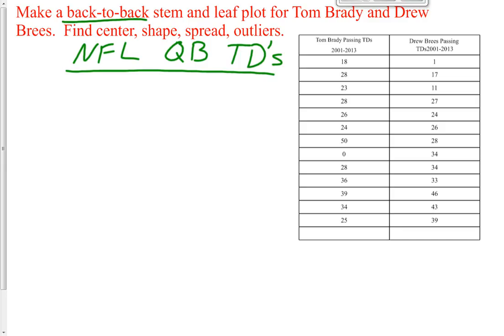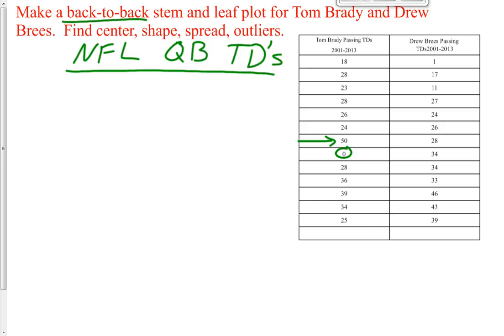If we take a look at our touchdowns, they range from 0 touchdowns, which Brady had one season. He was injured that season with a neck injury. The highest is 50, which Brady had one season. Did Drew Brees have any above 50? No. So the highest is 50 and the lowest is 0.